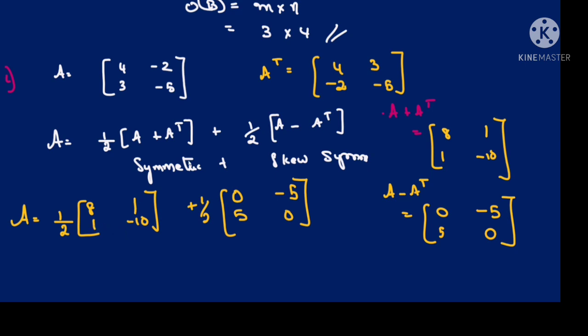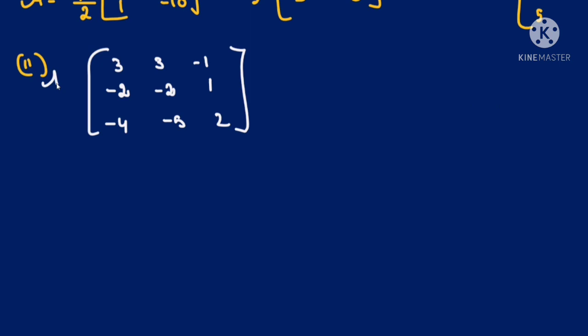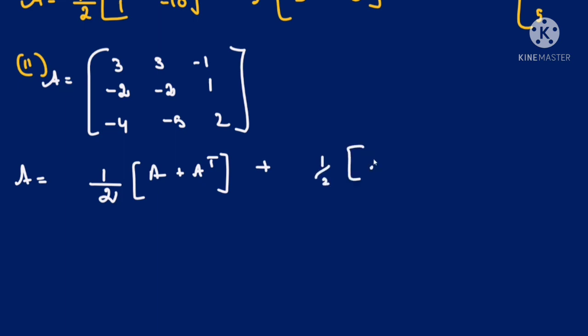The value of A has not changed actually, because this will get cancelled, you get A only. Next is matrix A, how should you write? As a sum of symmetric matrix, A plus A transpose by half, plus skew symmetric, A minus A transpose.